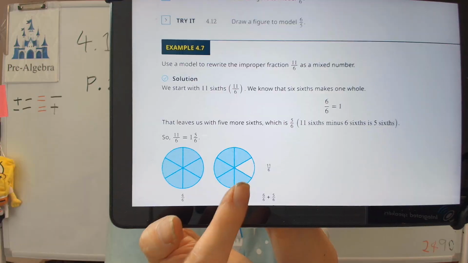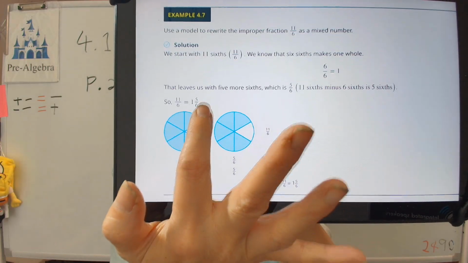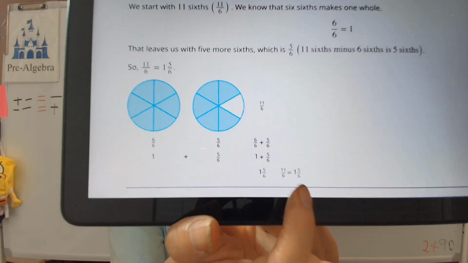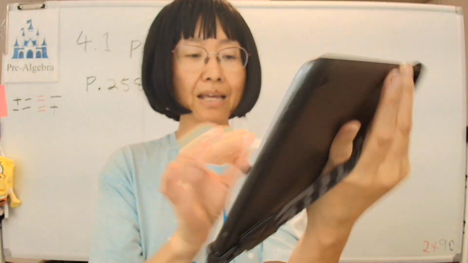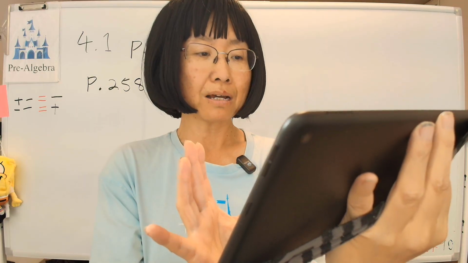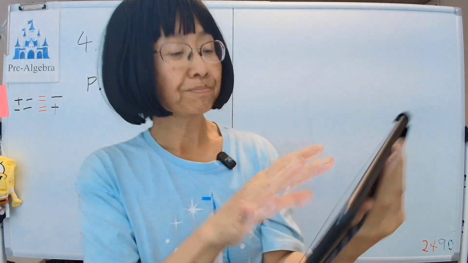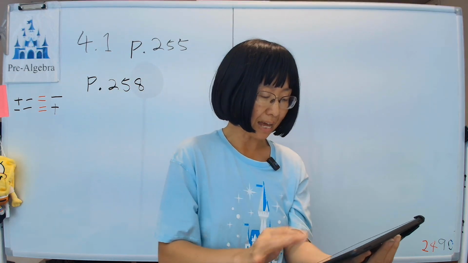So you have 5 pieces of pie left. So what's left is 5/6. So your answer will be 11/6 is the same as 1 and 5/6. That's how that's pronounced. It says so right here, and anyway, that is that.